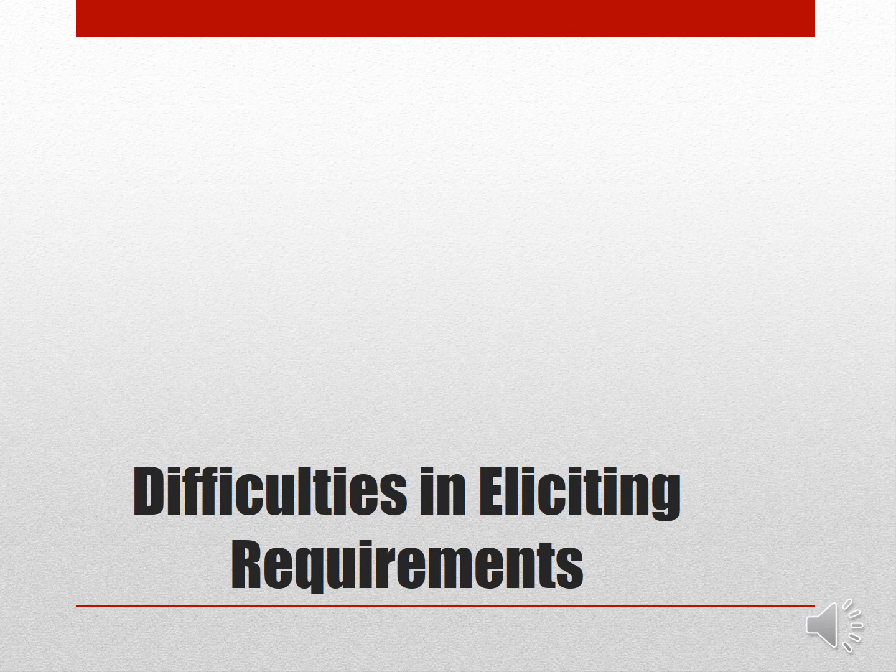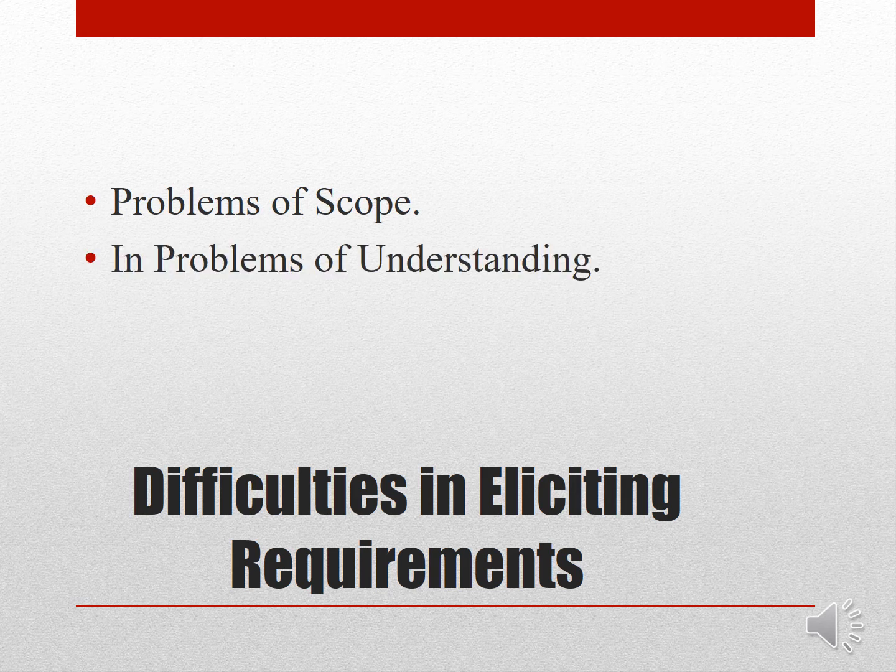Hence, we can say eliciting requirements is difficult because of problems of scope, problems of understanding, and problems of volatility. All these are different types of difficulties that may occur during requirements elicitation.